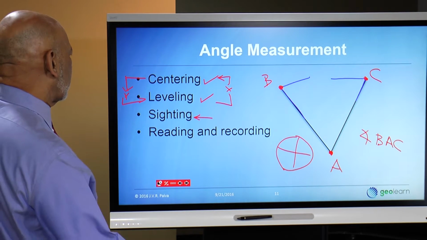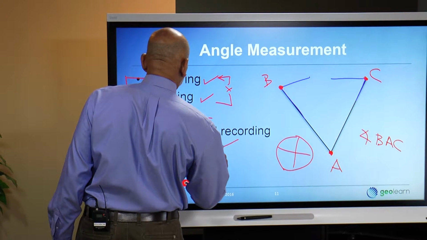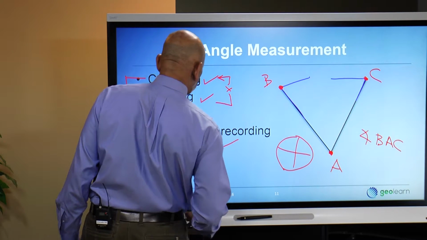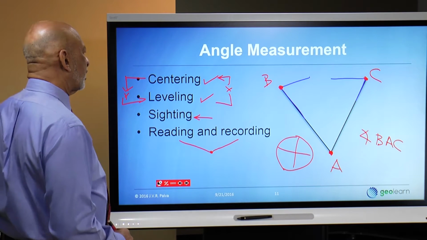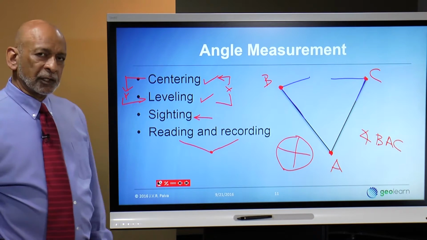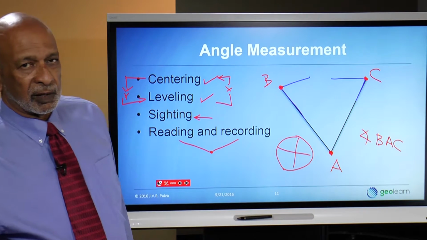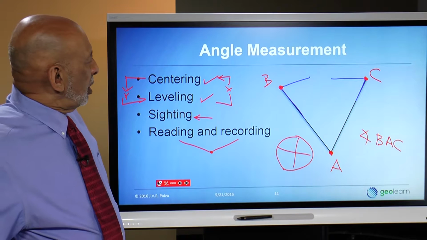And then finally, there's the reading and recording part. You can't measure these things. That's useless unless you can actually read the angle properly and you can record it. Now the reading has become a lot easier because you simply read whatever is on the display.